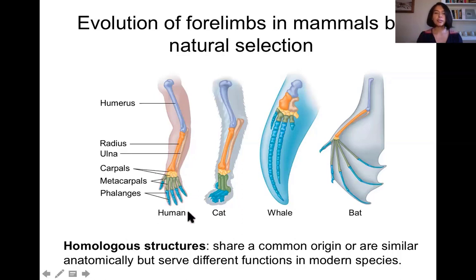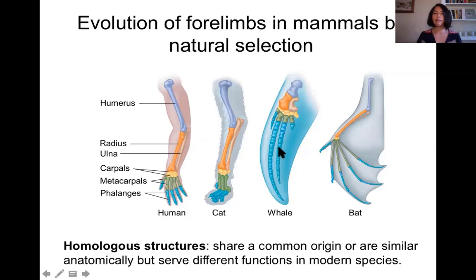And humans have become adapted to have this opposable thumb, for example. And now we can grab our cup of coffee, we can easily write, and we can do a lot of things because we have evolved these adaptations. How about cats? Cats have these extremities or forelimbs that allow them to run faster.